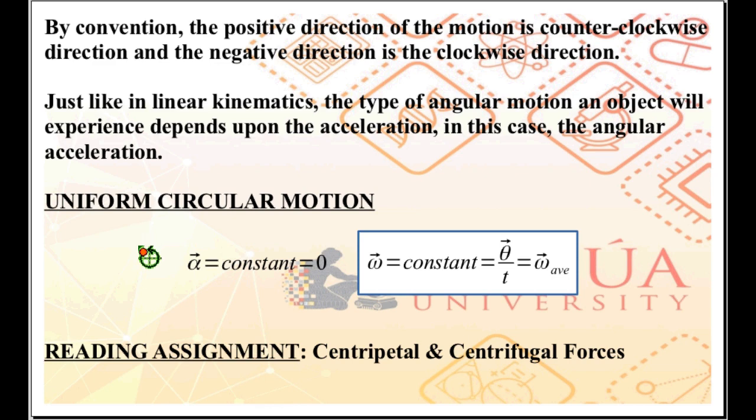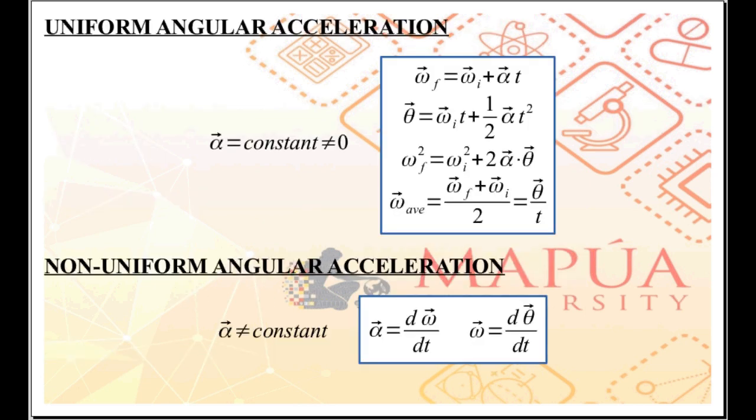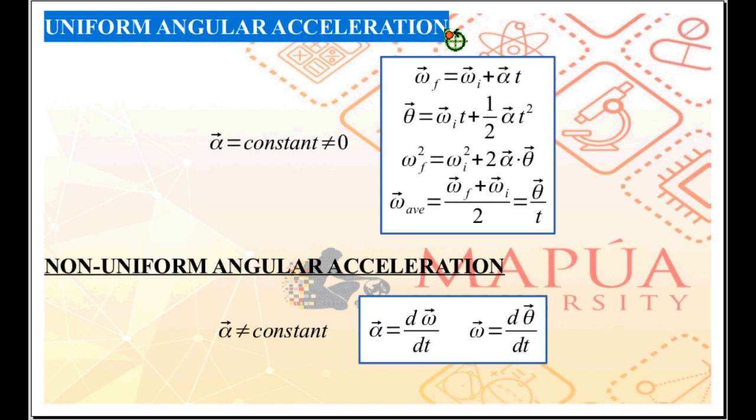So uniform circular motion, the angular acceleration is constant at 0. If the angular acceleration is constant but it is not equal to 0, so it's equal to a non-zero value, you have uniform angular acceleration.